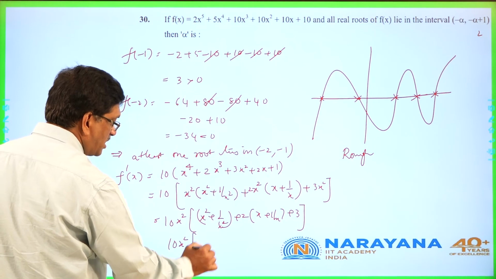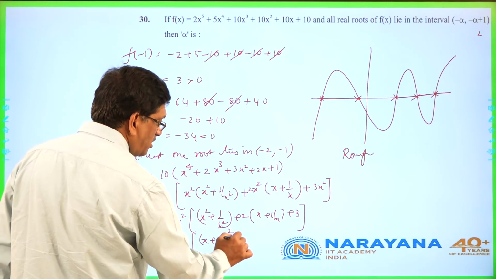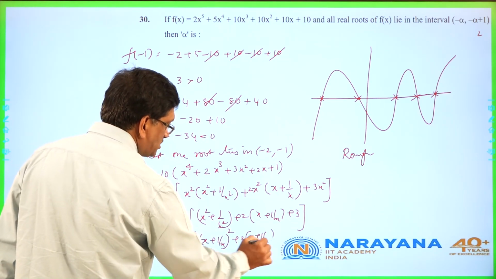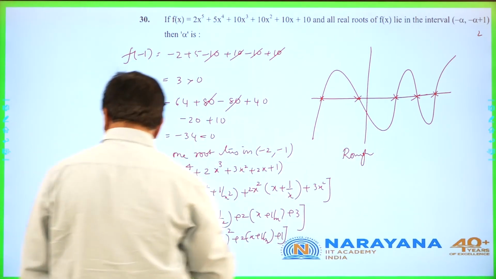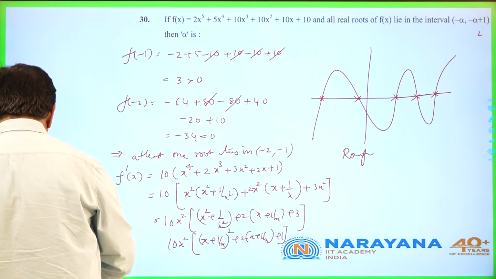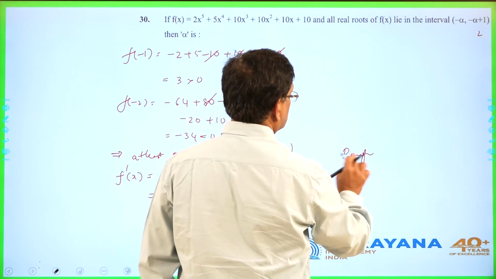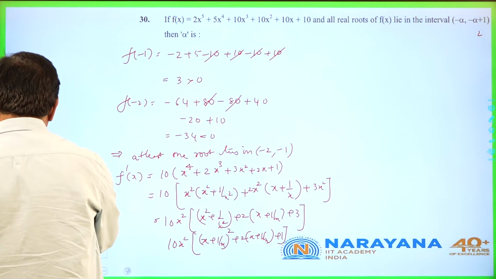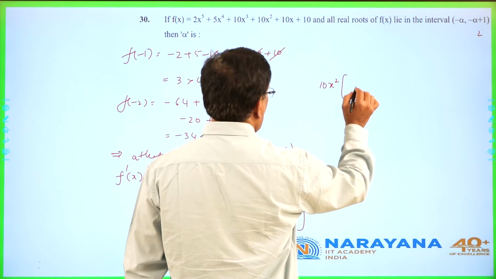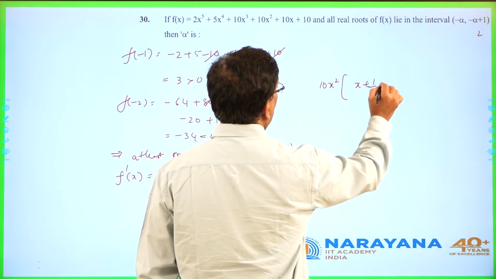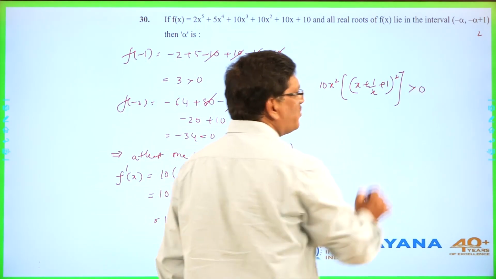This can be written as x plus 1 by x whole square plus 2 into x plus 1 by x minus 2 plus 1. I will just erase that one. Now, this is a perfect square. It is 10x square of x plus 1 by x plus 1 whole square. So this being a perfect square, it is always greater than 0.